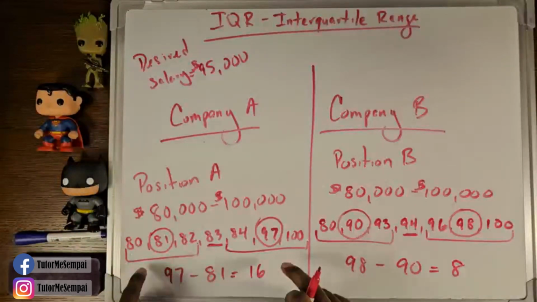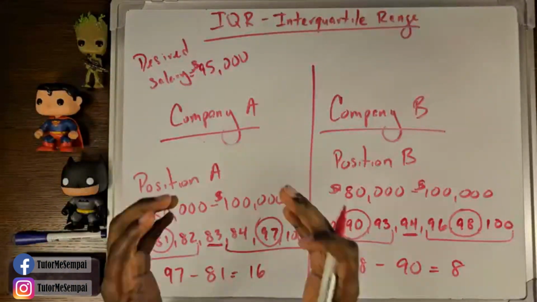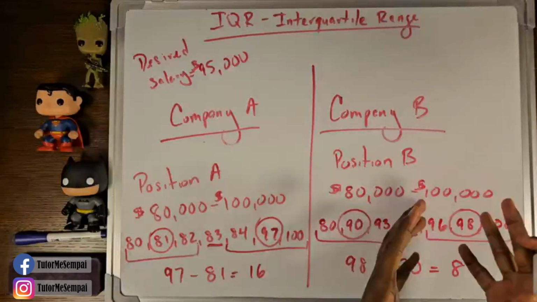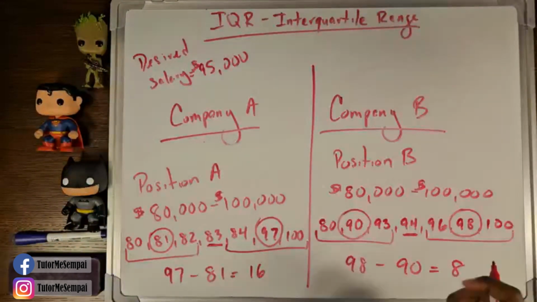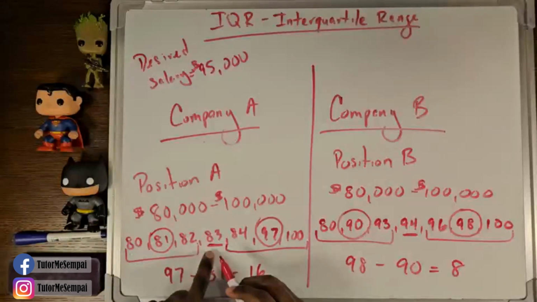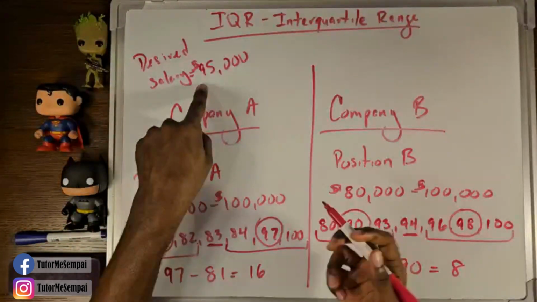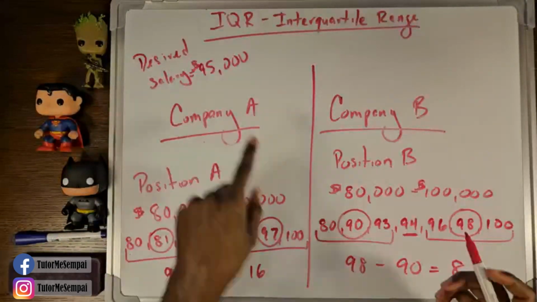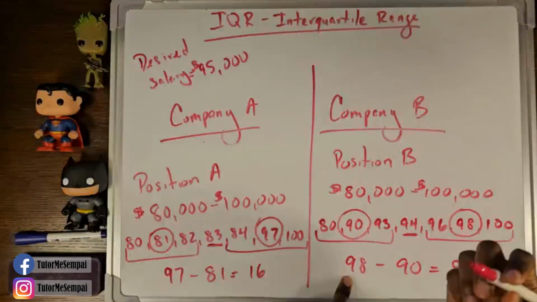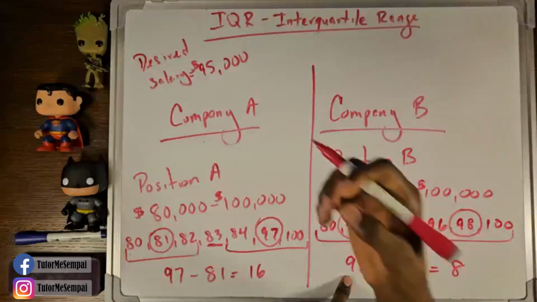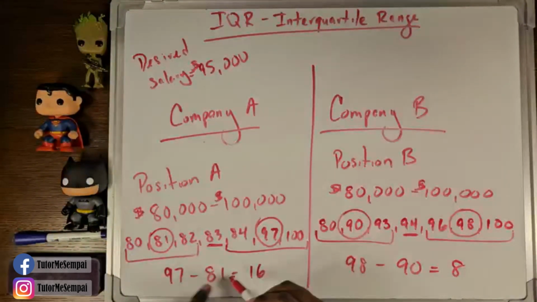Your data is going to be more spread out within your middle 50% in company A than it is going to be in company B. And you already know what your median is. So if your data is really spread out and your median is at 83,000, your desired salary is 95,000. Well, that's not really looking too good as far as your potential of getting your salary. It's pretty spread out.